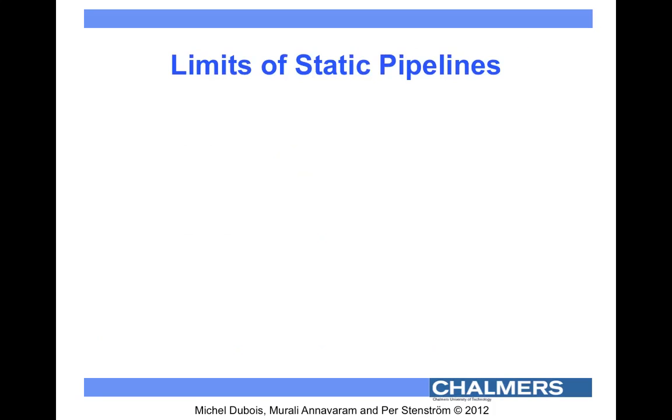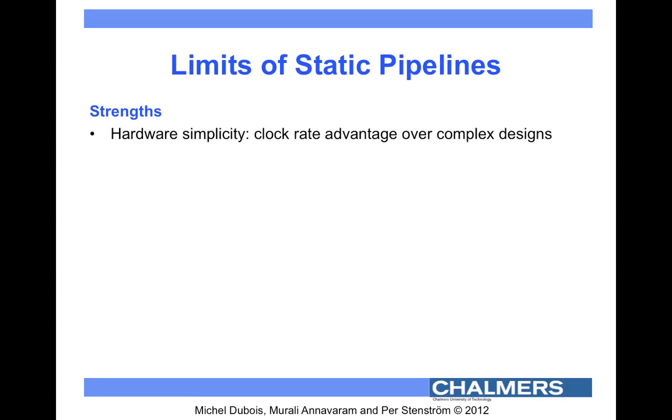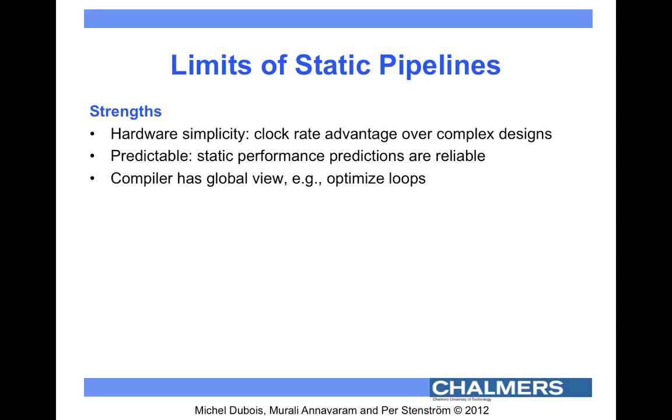Okay, so what are the limits of the static pipelines? So strengths: hardware simplicity, clock rate advantage over complex designs. So what we have played with now is to move the job to the compiler. It's predictable, the static performance predictions are reliable.